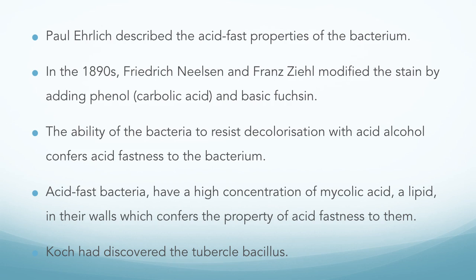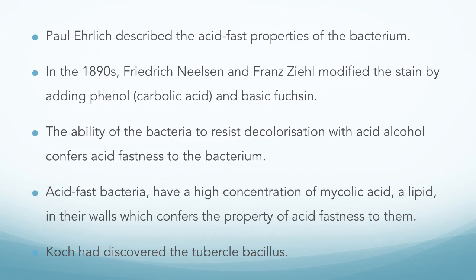Paul Ehrlich had described the acid-fast properties of the bacterium. Acid-fast property is the ability of the bacteria to resist decolorization with acid alcohol, which confers acid fastness to the bacterium.